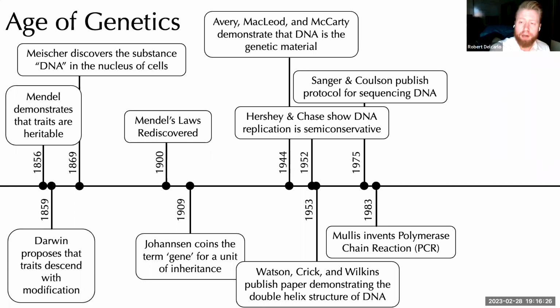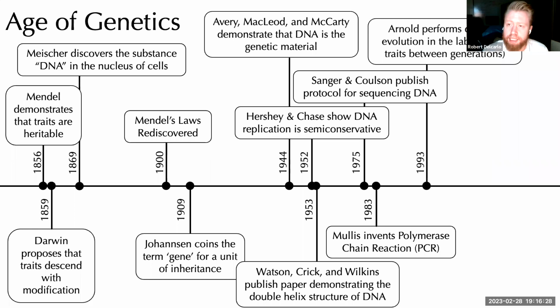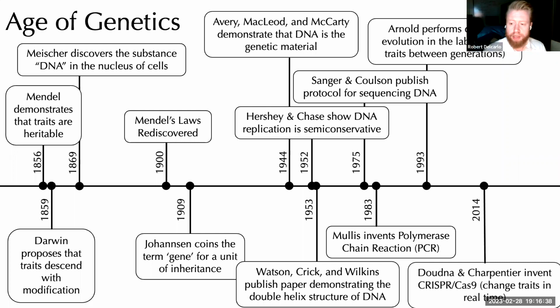And that only got better and better in the 1990s with Francis Arnold, another 2018 Nobel laureate in chemistry, for performing directed evolution. And then, of course, in 2014, Jennifer Doudna and Emmanuel Charpentier invented the uses of CRISPR-Cas9 for making changes in real time.